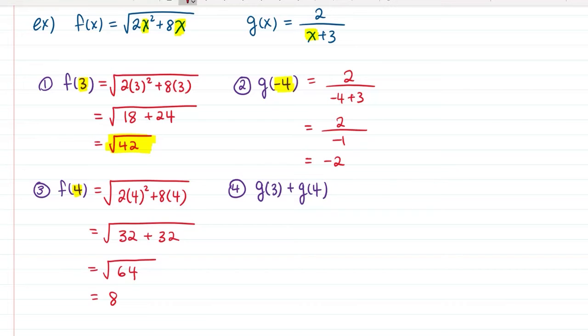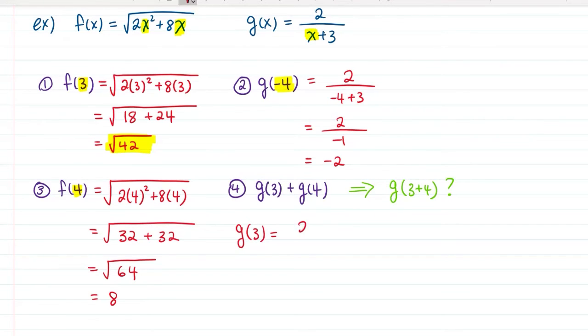Last one, g of 3 plus g of 4, okay? People might think this is maybe g of 3 plus 4. Is that true? We're going to check that by finding g of 3 plus g of 4, and then see if g of 3 plus 4 is the same as g of 3 plus g of 4. So let's try that. What's g of 3?